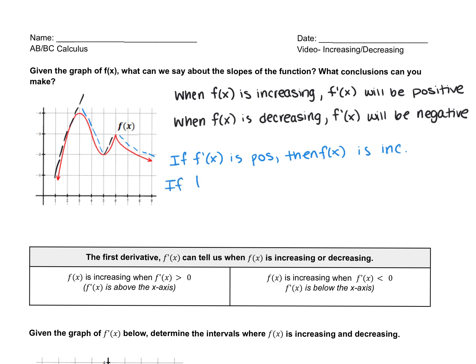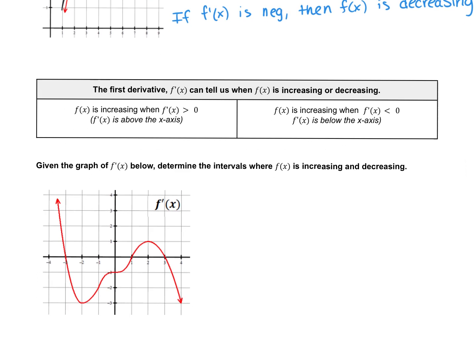And then again, if f prime of x is negative, then f of x is decreasing, excuse me. So it could go both ways. One way, f of x tells us something about f prime, but f prime could tell us something about f of x.